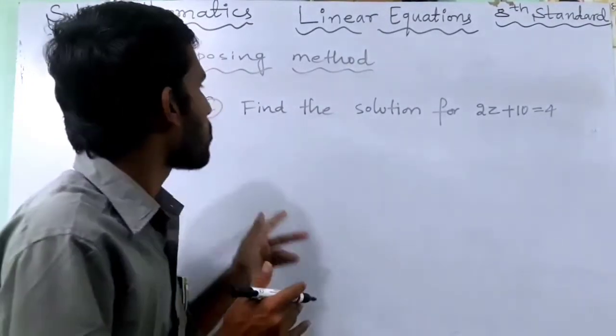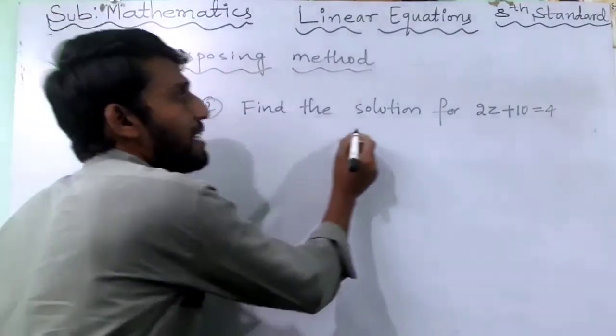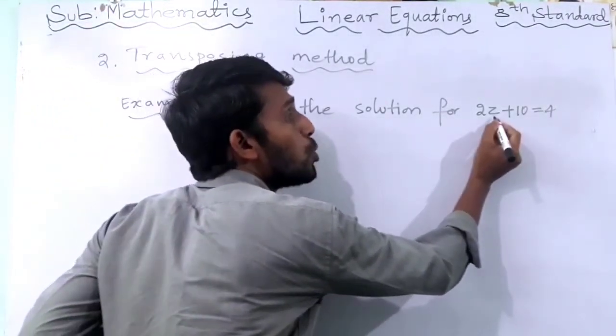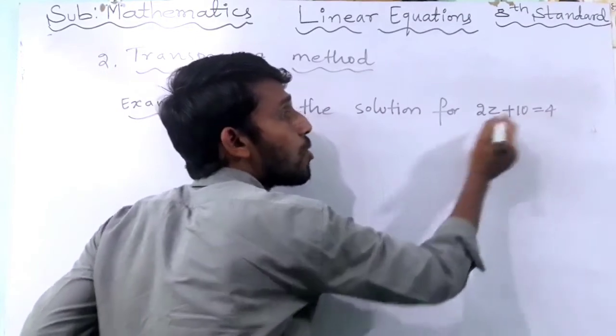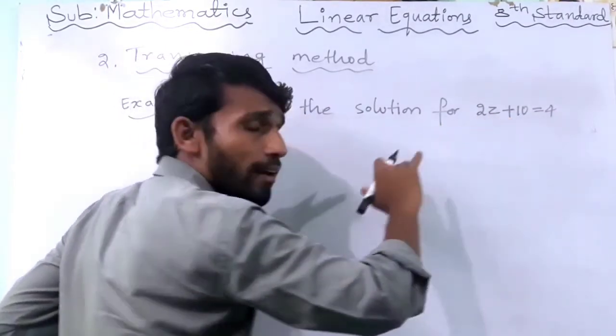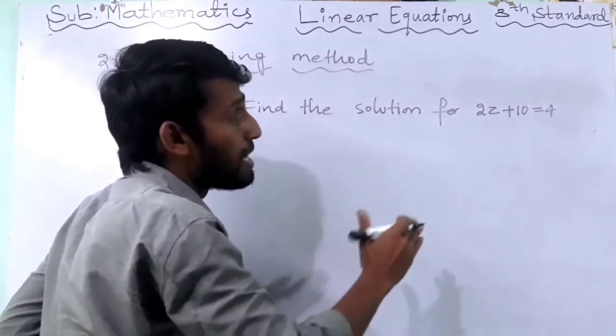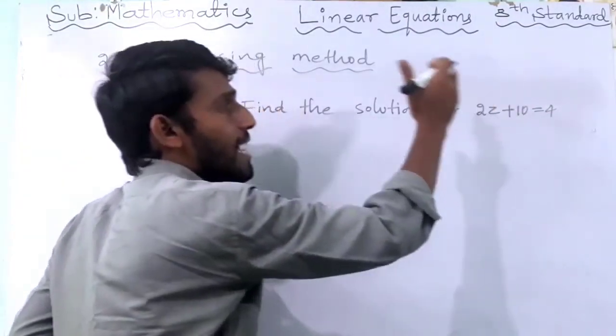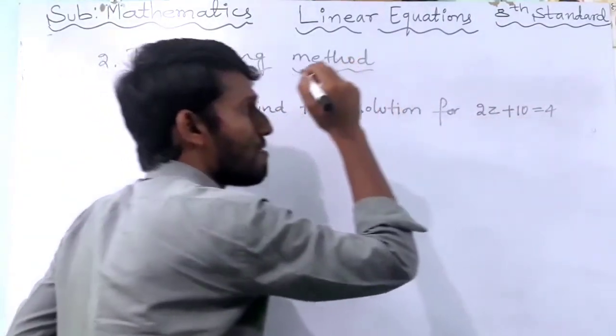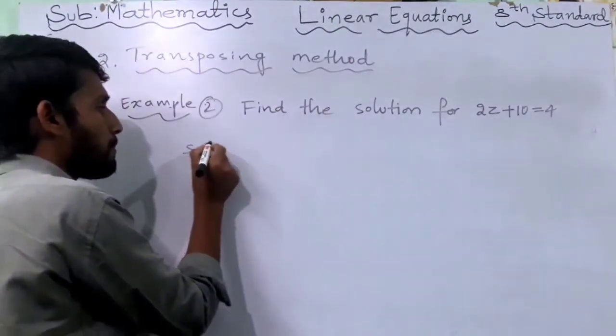Okay, see here I am solving an example. Find the solution for 2z plus 10 is equal to 4. Dear student, by transferring the numbers and variables from one side to another side, we have to find out the z value. Let us see the solution here.